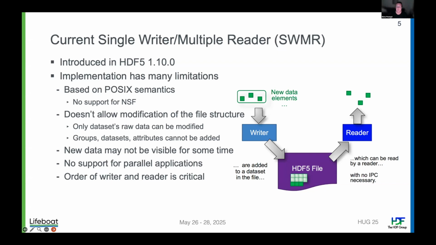There was no support for variable length data types, and so on. Another important restriction was that new data was not visible for some time, and to make it happen, the application has to flush even the whole file, which is a very expensive operation. There was no support for parallel applications, and the order of writer and reader was critical, so the reader couldn't come before the writer.